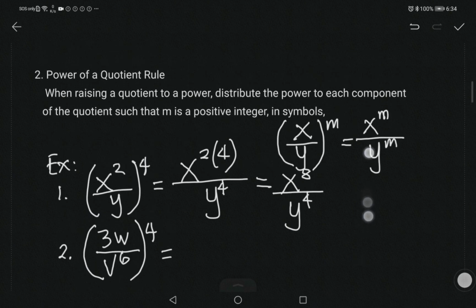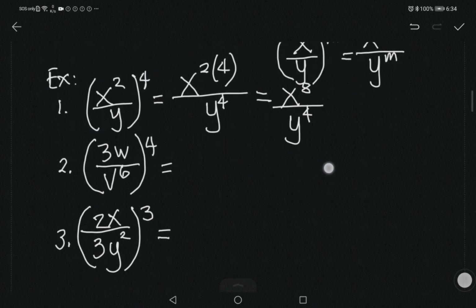Then for number 2, (3w over v to the 6) raised to the power of 4. So we will distribute the power, or we will distribute the exponent.